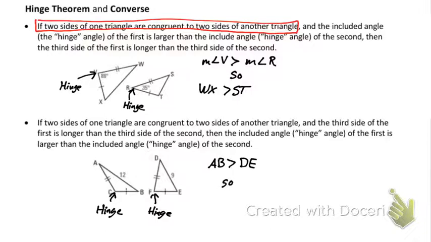AB is bigger than DE, so that means the measure of angle C is going to be bigger than the measure of angle F, our hinge angle. So that's what this whole statement's going to say to you. That is our converse.